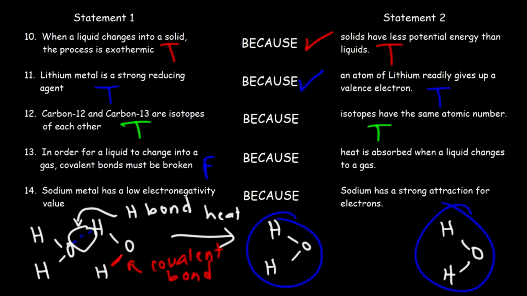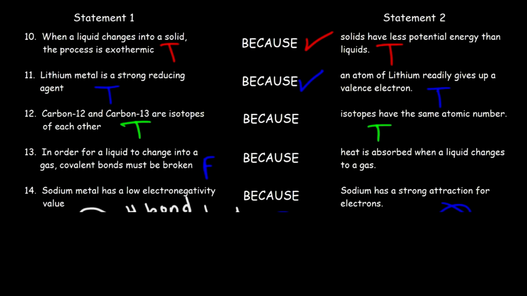Now, I want you to understand something. If you were to break the covalent bonds, this would be like electrolysis, where water will be broken down into hydrogen and oxygen gas. In this case, to break the chemical bonds or the covalent bonds, you're basically changing the compound itself.